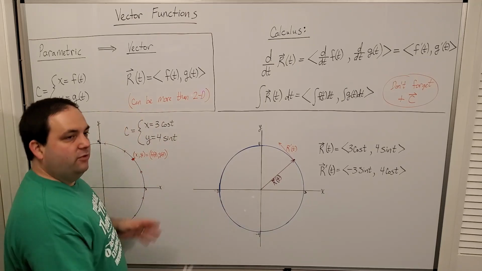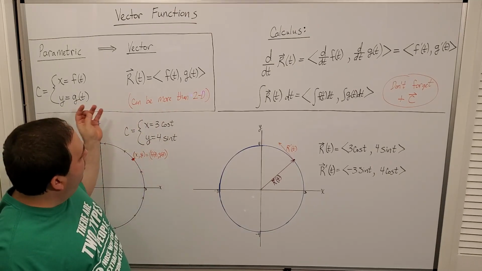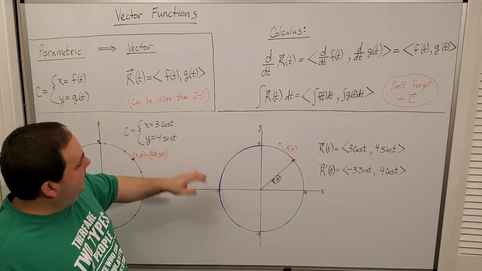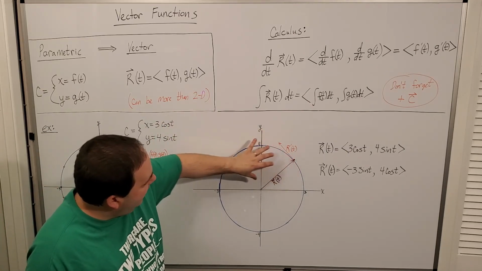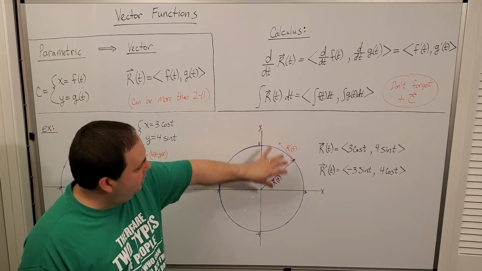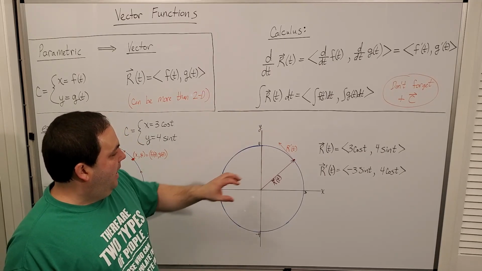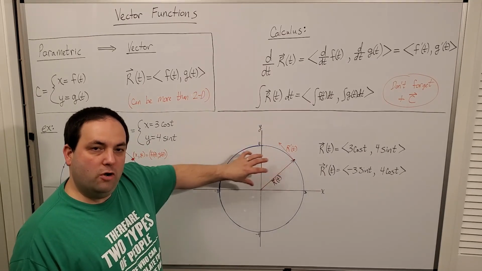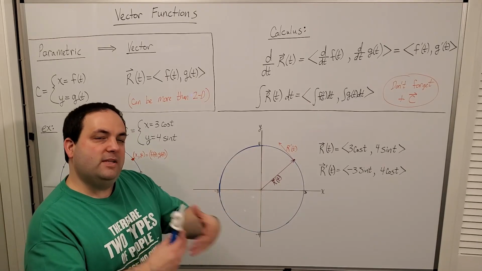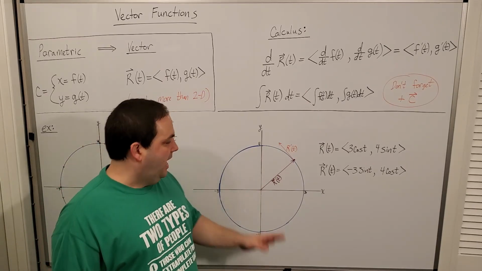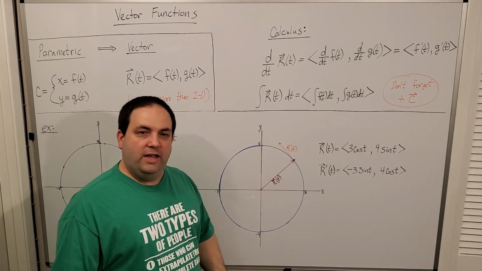Okay, so vector functions, slight upgrade from parametric equations, in that I can actually look at positions as vectors, and I can also get tangent vectors, and I can still talk about the curve itself, but then I can talk about maybe some of the things that are going on behind it as well, using the vectors.